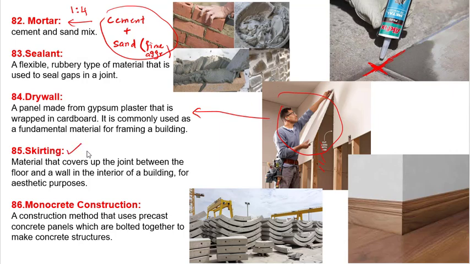Skirting is the next term. This image shows you the skirting, right? This is our floor, this is our wall. Material that covers up the joint between the floor and the wall in the interior of a building for aesthetic purpose.